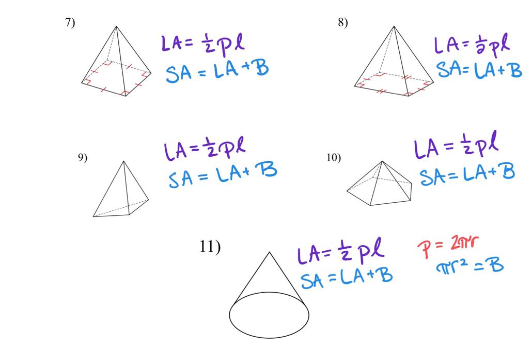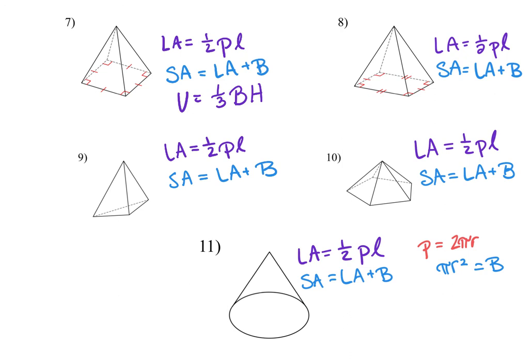Volume is actually identical, except I have 1/3 in there, okay? So I don't have to worry about slant height for volume. For volume, I am still doing height, perpendicular height for these, but this is where my 1/3 comes in. I still need to know how to calculate the area of that base. I need the height, not the slant height here, okay?